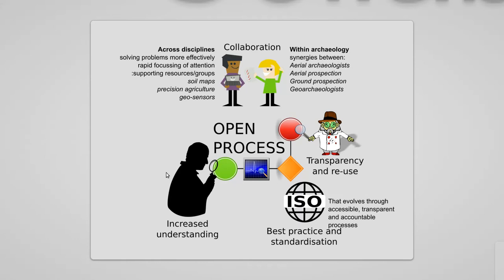In DART, for example, we've looked at precision agriculture, geosensors, producing soil maps, and we've collaborated very closely with Royal Agricultural University. But also within your own domain, we've managed to have some synergy now, obviously, between the geoarchaeologists, the ground prospection, the aerial prospection, and the aerial archaeologists, and all of this ties up to tell a much richer story.